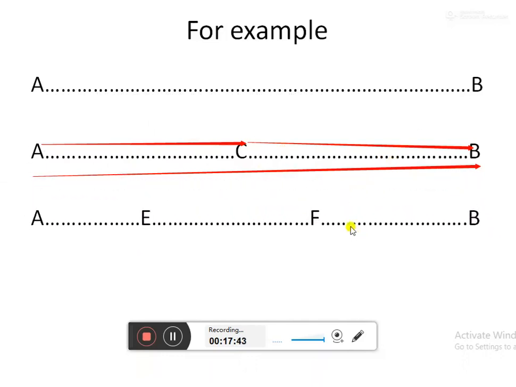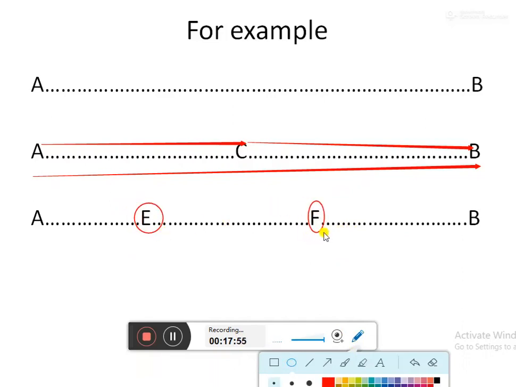Again, let's suppose that instead of one point there are 2 points available between point A and point B. These are point E and point F. Again, the condition is that we need to draw a line that represents the shortest or optimal distance between point A and point B. So how would we draw the line given these 2 points, point E and point F?